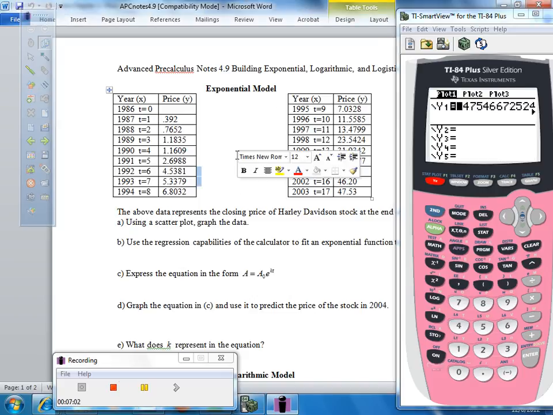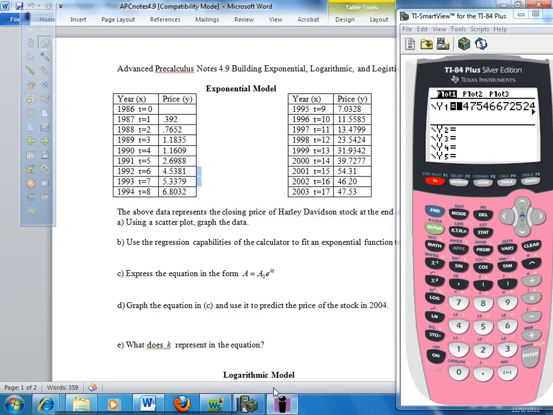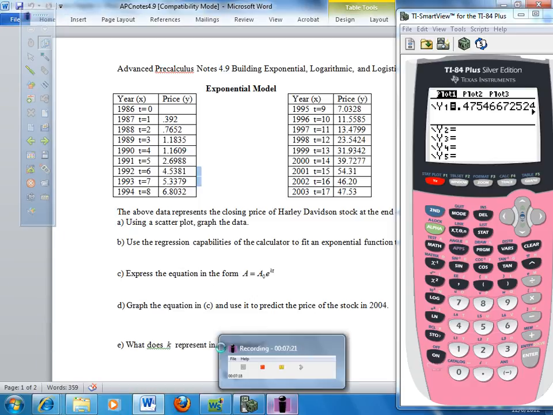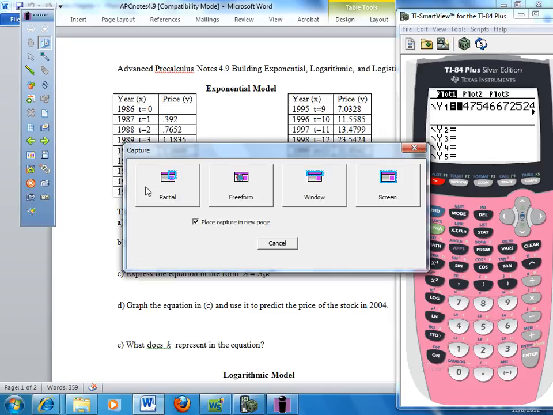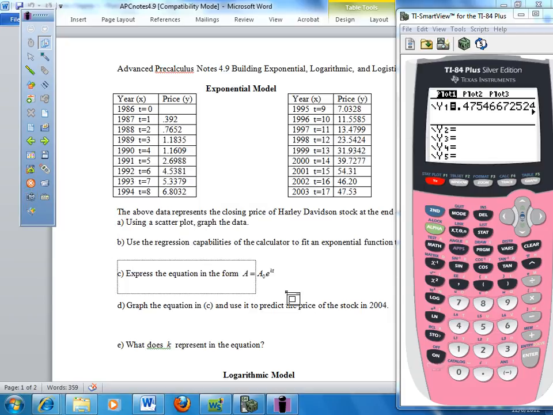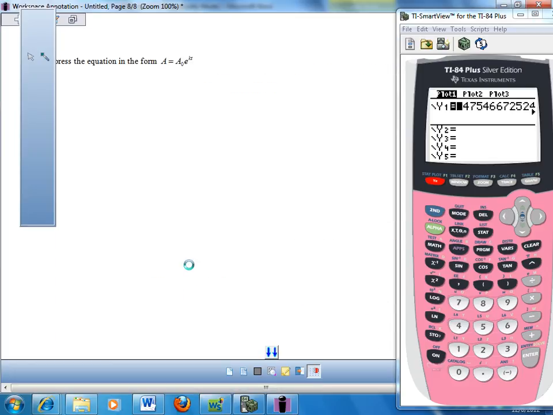Okay, so my equation looks like, or so. I'm just going to grab this thing here.